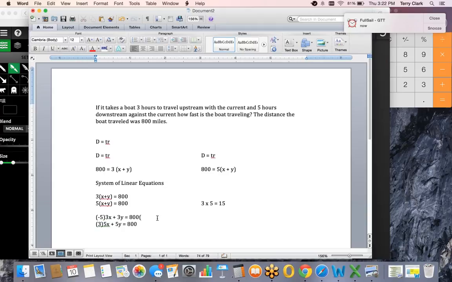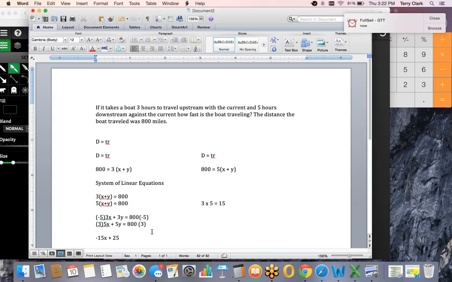Okay, so that's going to be -5. Okay, so that should do it. Now that's going to give me -15x plus, yeah, these are going to cancel each other out.